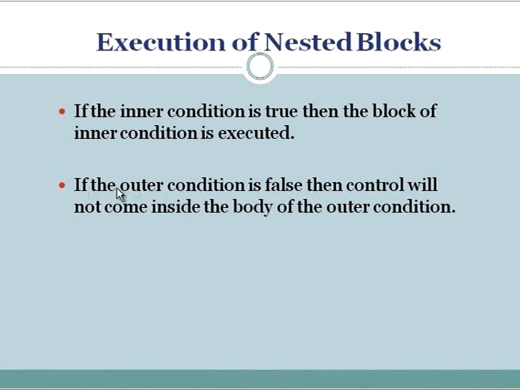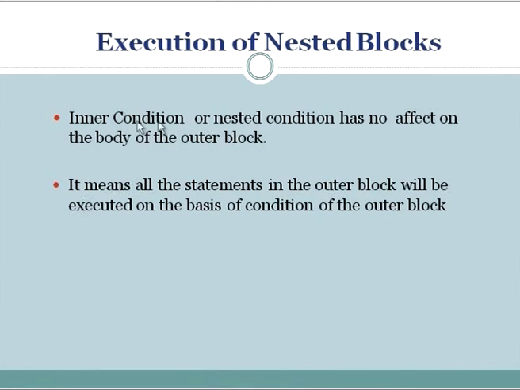If the outer condition is false at first instance, then control will not come inside the body of the outer condition. The inner or nested condition has no effect on the body of the outer block. It means all the statements in the outer block will be executed on the basis of the condition of the outer block.